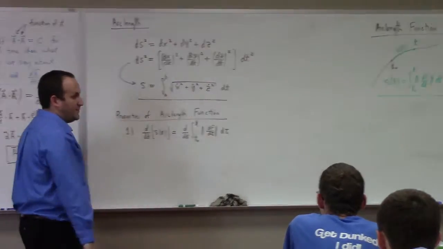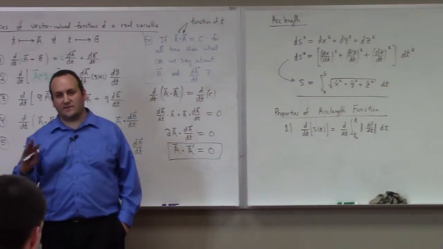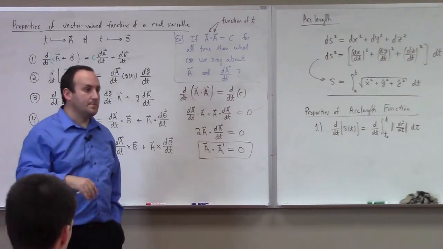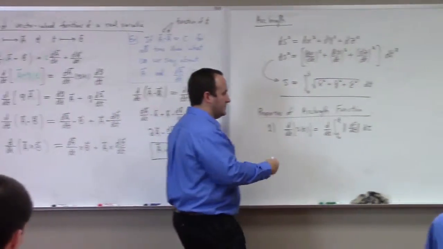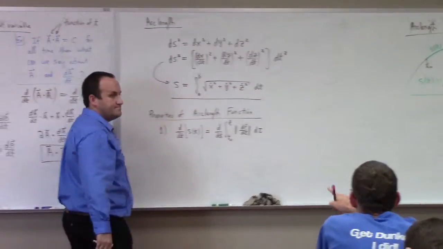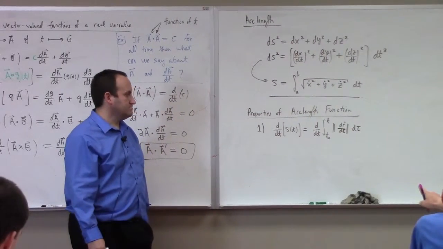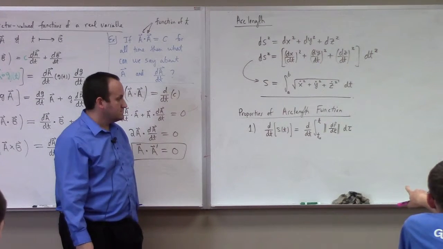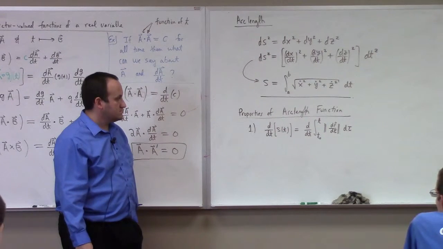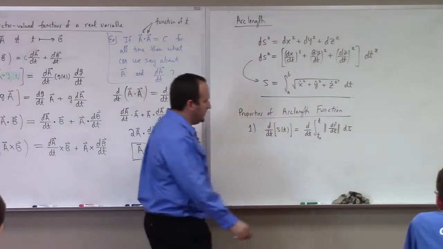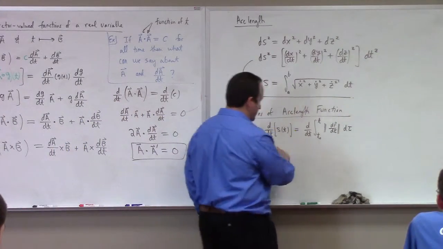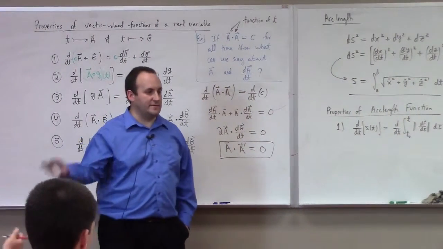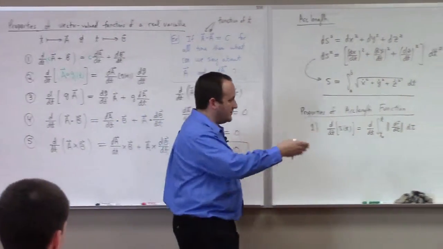I have to use a different dummy variable of integration since t has a different meaning. It's the upper time, the time that we're differentiating with respect to. What do we do? No, I'm differentiating with respect to time. But the integral over the arc length is done over some other variable. I could use a u or something, but I don't.